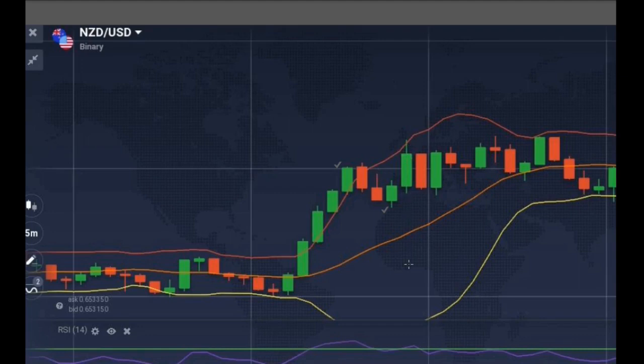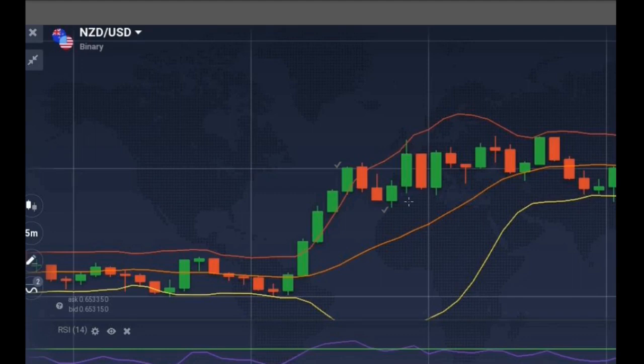Okay, so from what we learned about divergence, a divergence is when a higher high on the chart is forming a lower high on the RSI chart. You can see clearly that at this level, price crossed the 70 RSI line. So this level is the lower high. Remember, the Marubozu crossed this resistance level to form a higher high over here.